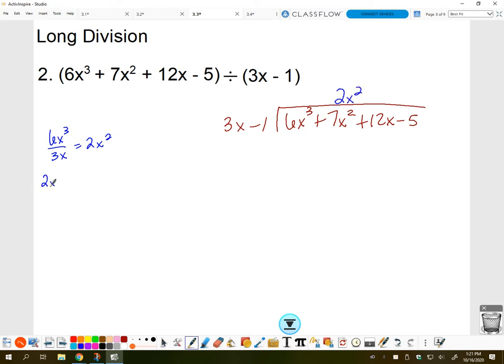If we multiply that back with what we're dividing by, we're going to get 6x to the third minus 2x squared. Remember that we need to subtract. That is clearly an addition. So that is 9, not 5.